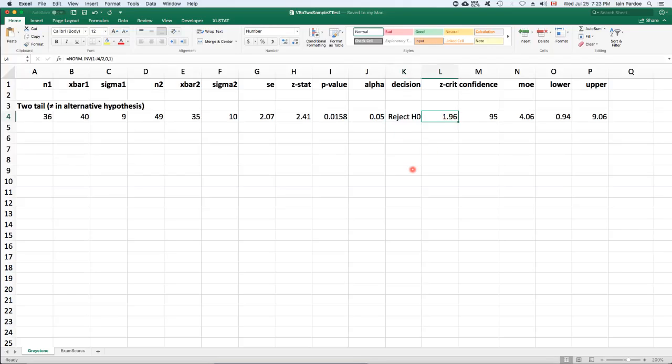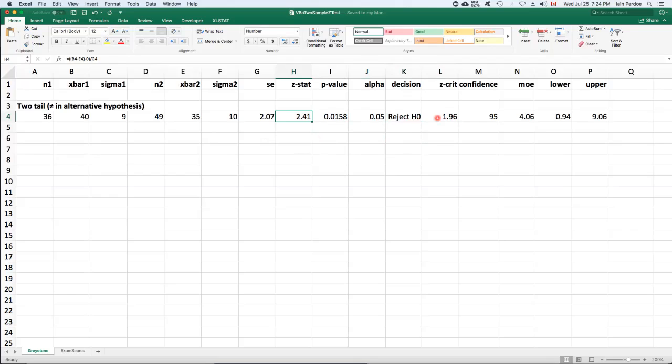Alternatively, we could use the critical value from a normal distribution, and for a 5% test, two-tail test, the critical value is 1.96. And the question to ask is, does the test statistic lie either to the right of plus 1.96 or to the left of minus 1.96, because it's a two-tail test.